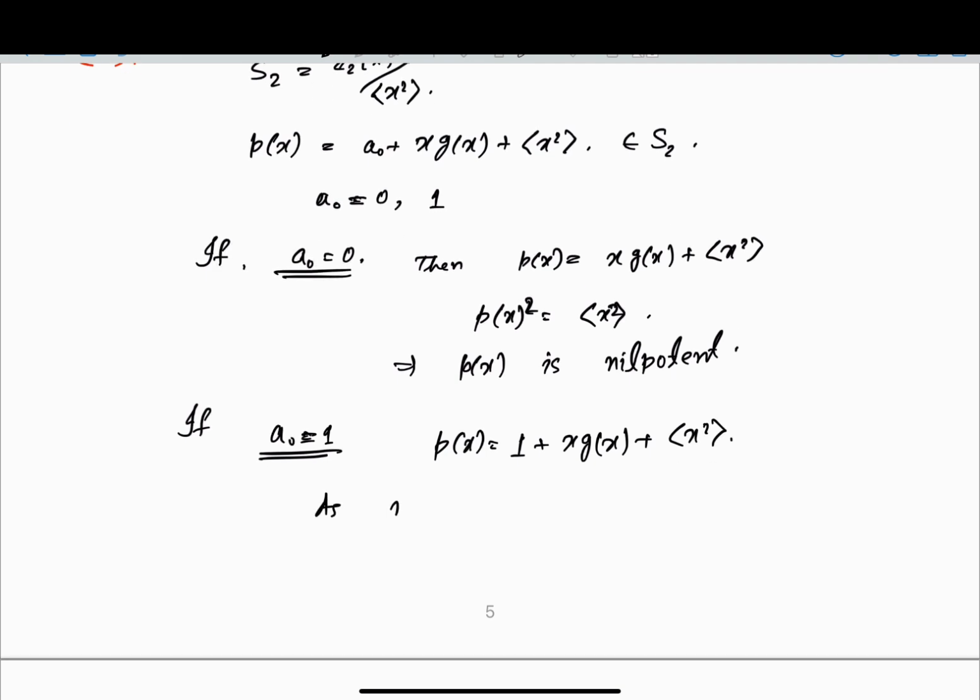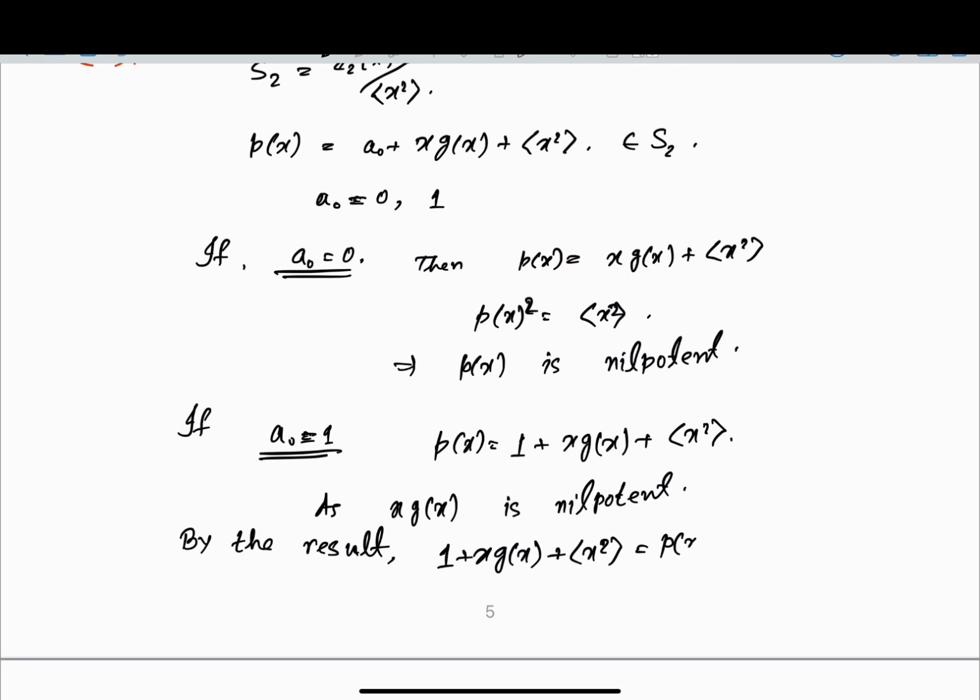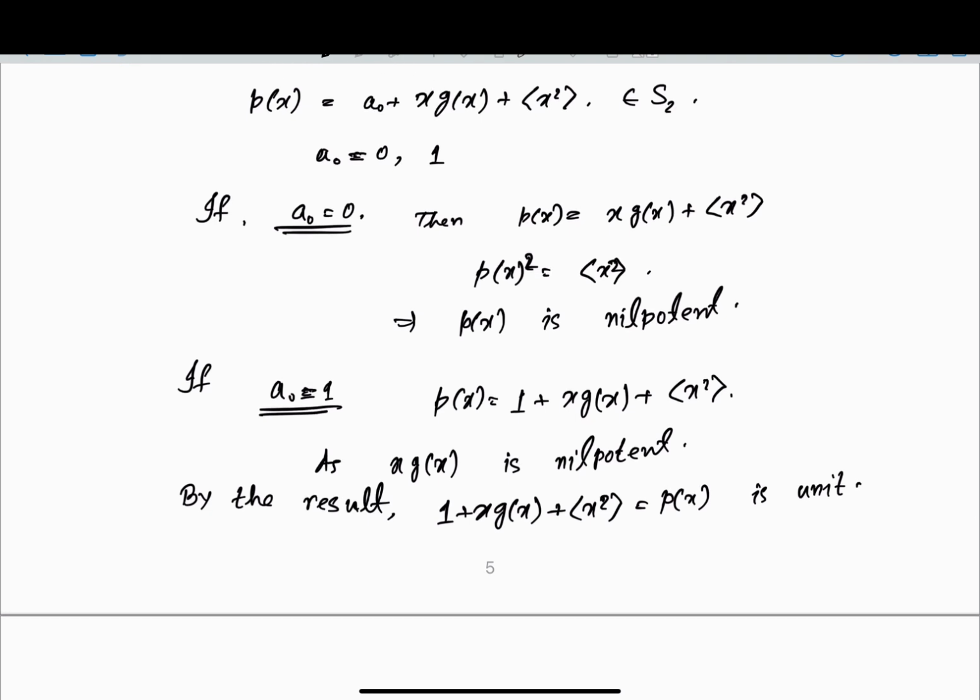As x g(x) is nilpotent, by the result above, 1 plus x g(x) plus this x square, which is p(x), is a unit. Therefore, because 0 and 1 are the only choices for a naught, every element is either nilpotent or a unit. So there does not exist any element which is neither nilpotent nor unit.